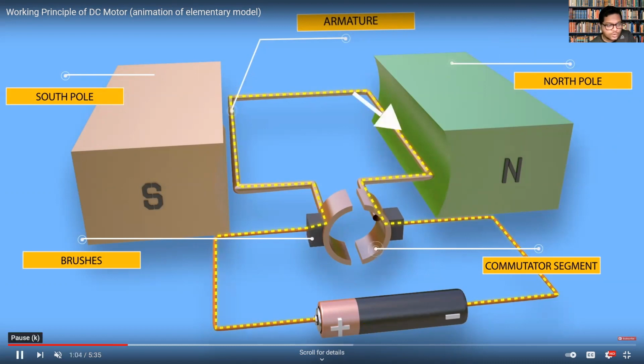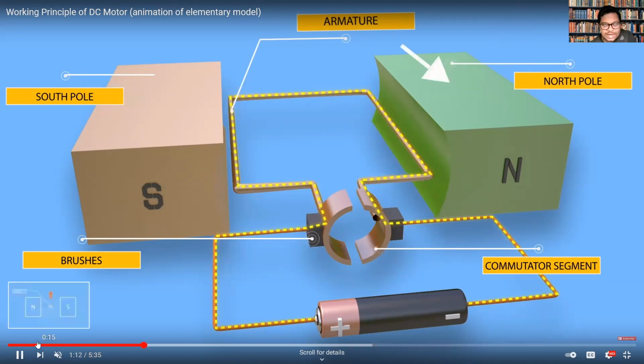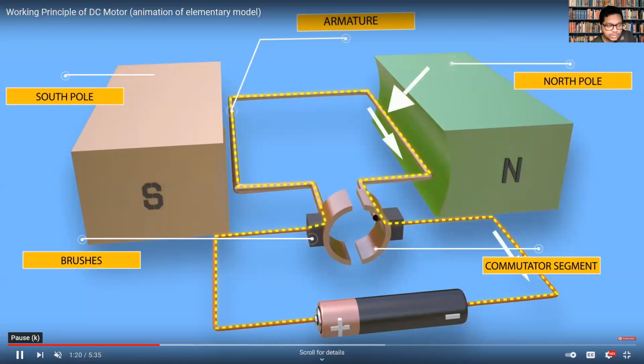Now, when the coil rotates, you will notice that the current stops flowing. The current will just stop flowing. The reason is that this particular slip ring will lose contact with the brushes.